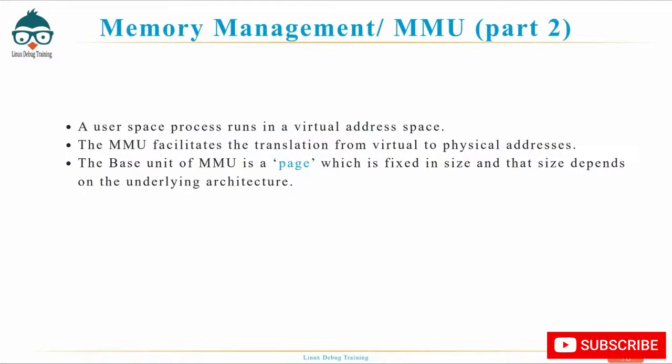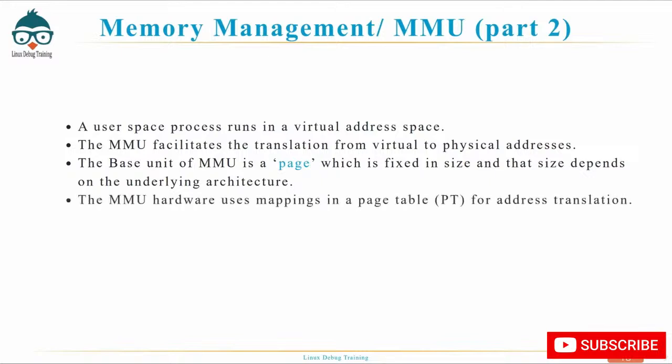On x86 systems, the most commonly used page size is 4 kilobytes. This page size is often referred to as the standard or default page size. It is the smallest unit of memory that the memory management unit can manage. The MMU hardware uses mappings in a page table for address translation.